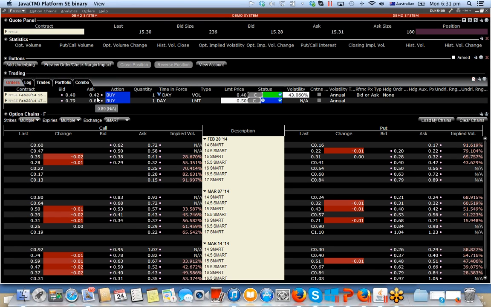You can see bid and ask in normal just dollar value, and on the other hand, I placed volatility 43%. I can see that implied volatility here is 43.62. This is mid-implied volatility, and I can express these prices as well in terms of volatility instead of dollars.